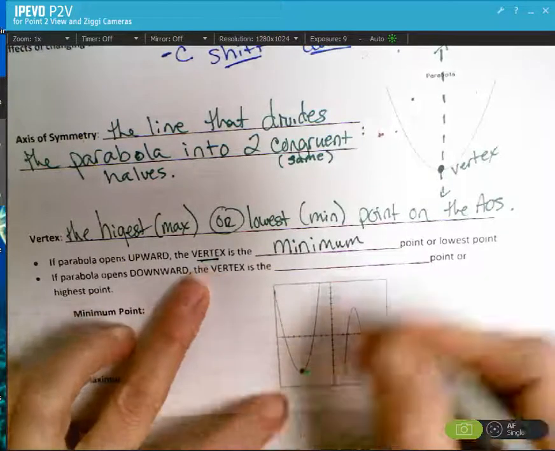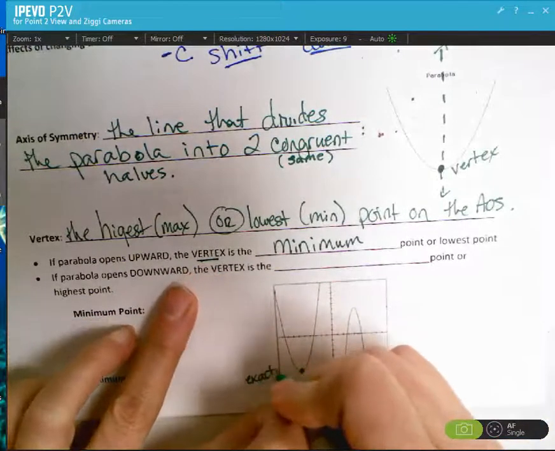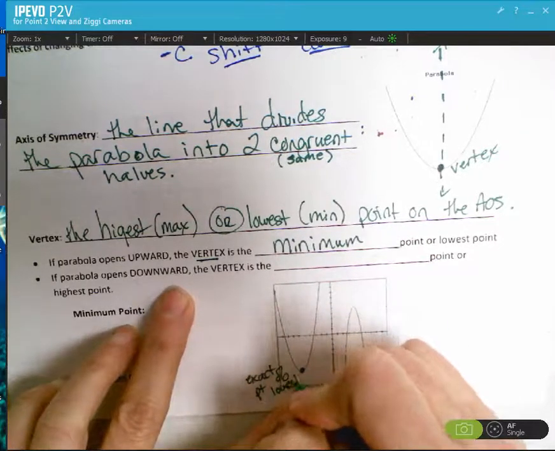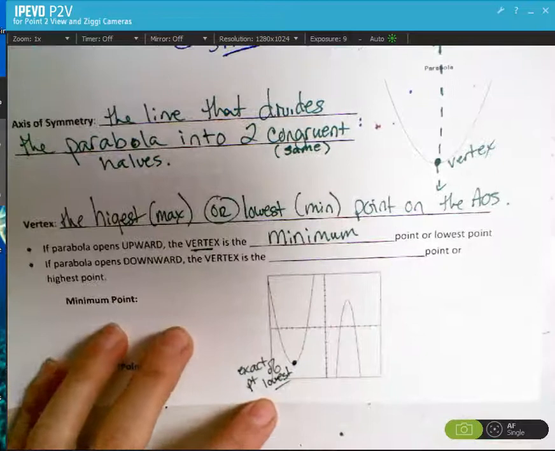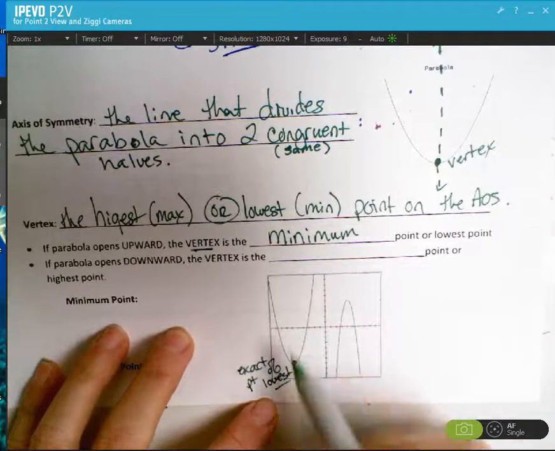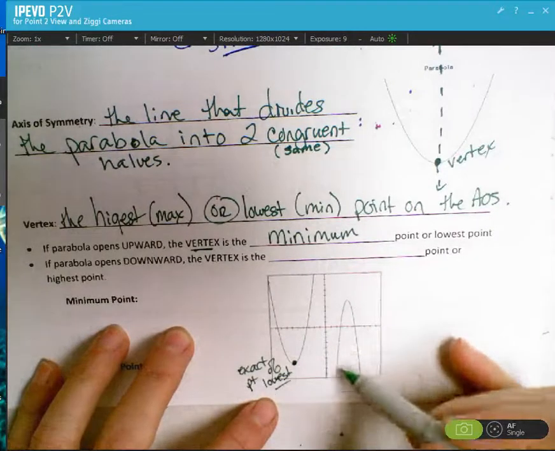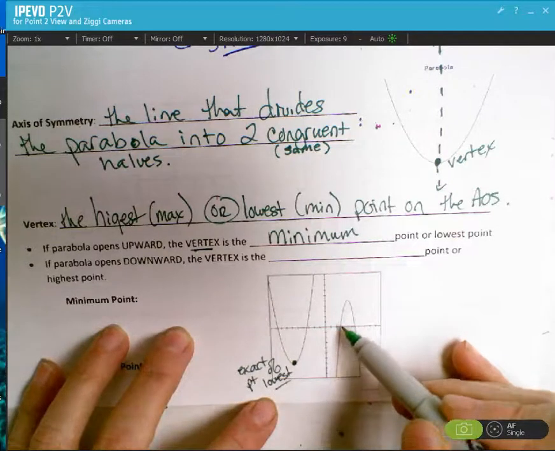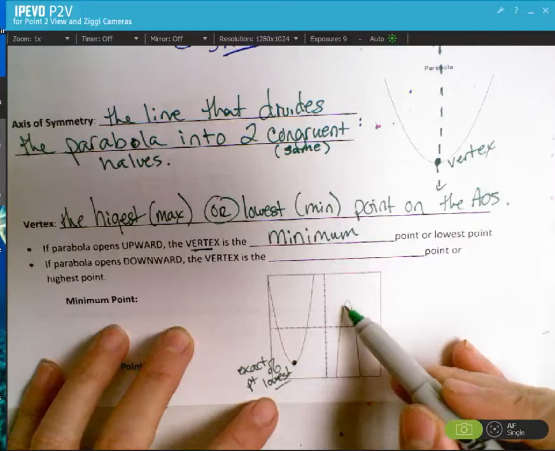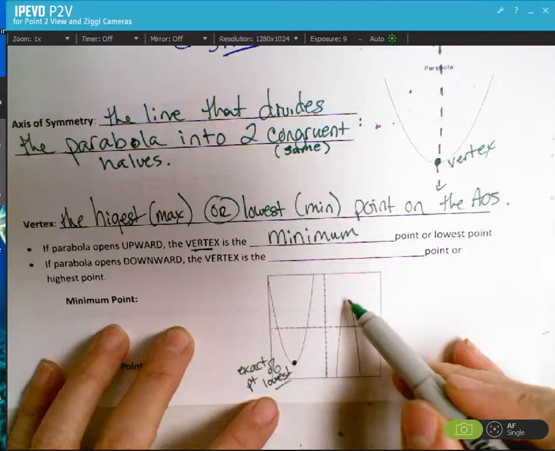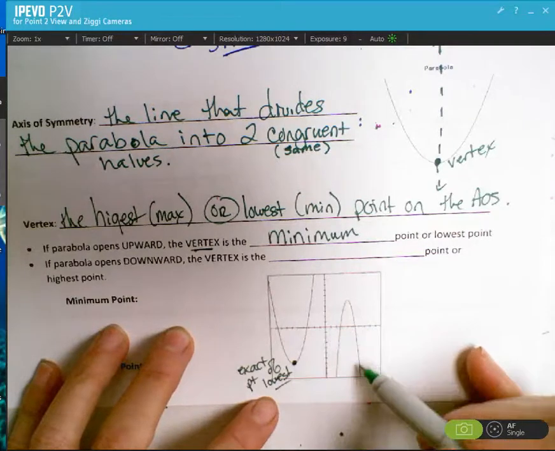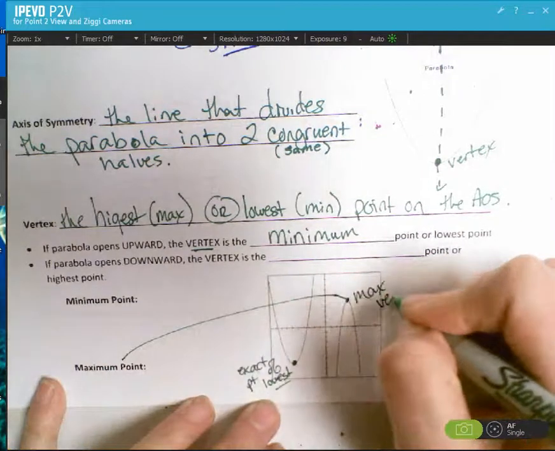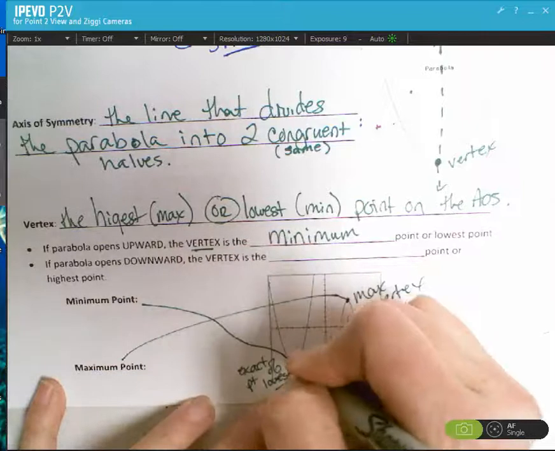This is my vertex right here, the exact point of lowest on the quadratic function. If I open down, so I have a negative a term and I'm following my quadratic function, I go up to a maximum value for my y, and then I start coming back down. So this is my maximum point. This is my minimum point.